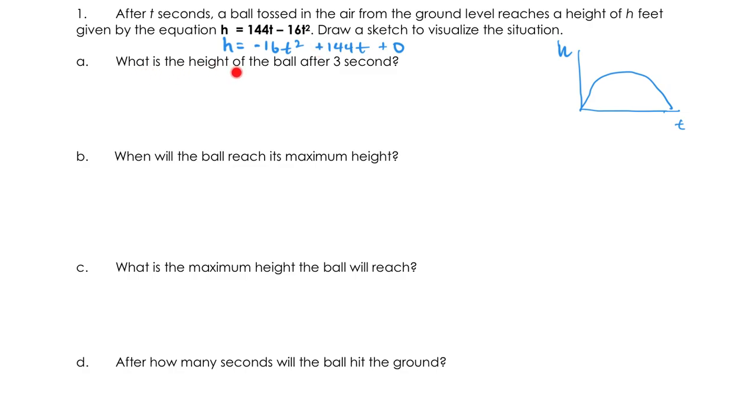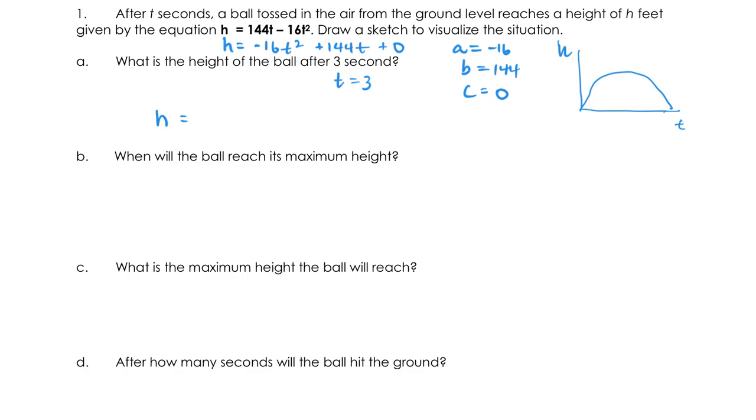What is the height of the ball after 3 seconds? That is just telling us that t is equal to 3. So we take our original equation, h equals, and you can use the original if you want to. We rewrote it so we know that a is negative 16, b is 144, and c is 0.